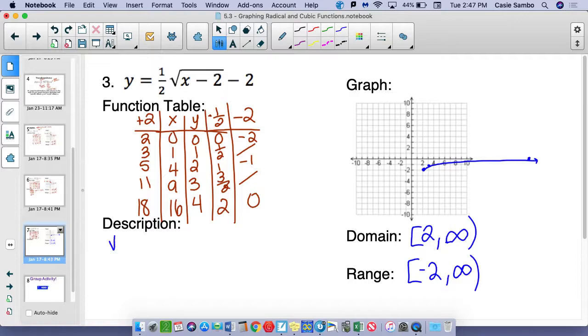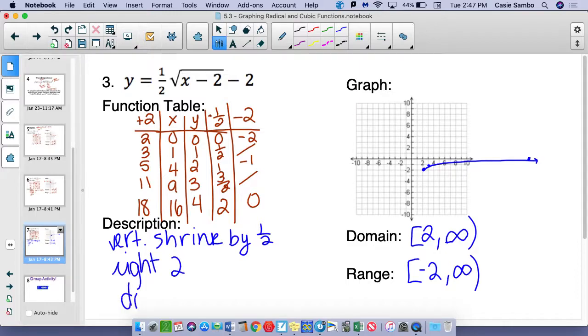Our description, we have a vertical shrink by a half. We go right 2 because the inside lies, and then we go down 2. So that's it.